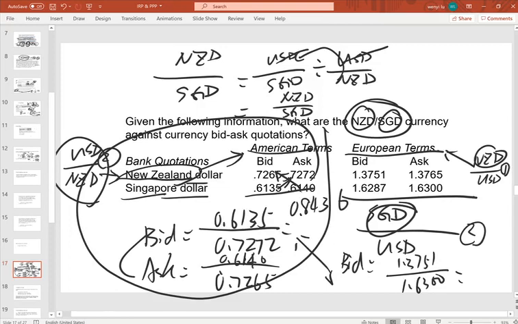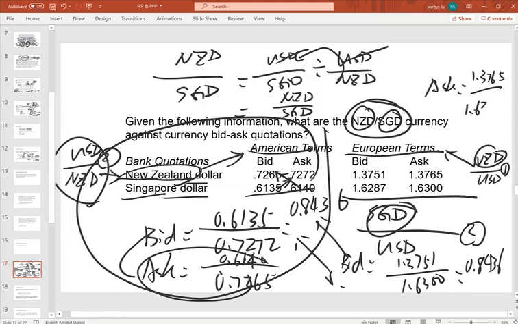For this one, 1.3751 over 1.6300 equal to 0.8436. Exactly the same numbers. For the asking price, you can either use this side or this side. Ask price will be 1.3765 over 1.6287. So this answer will also be the same.